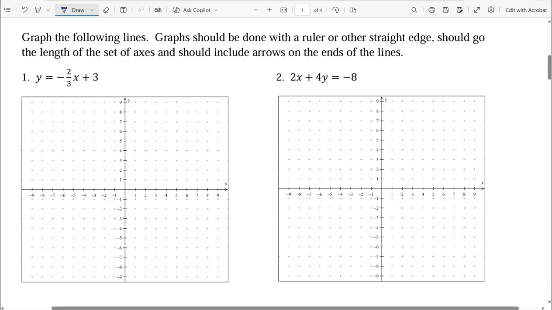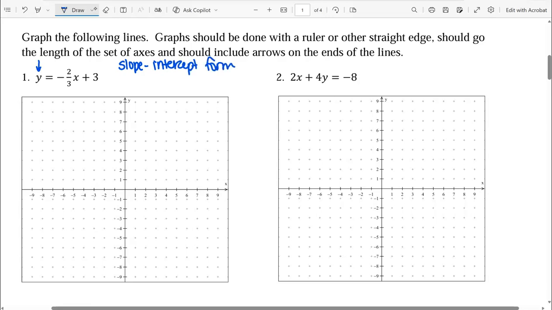So looking at number 1, I have y equals negative 2/3 x plus 3. Notice that y is already by itself. So this is what we call slope-intercept form.